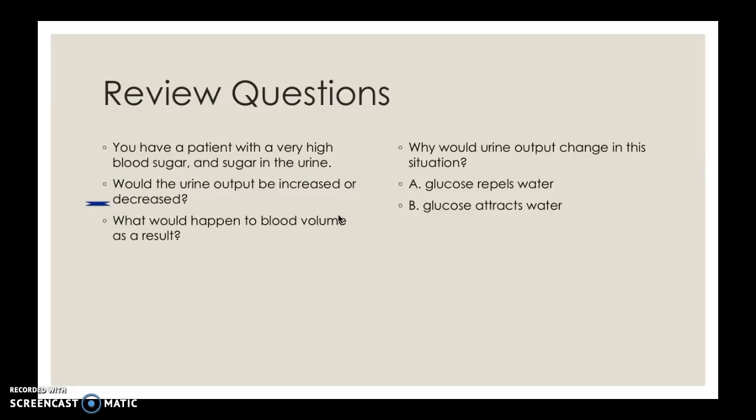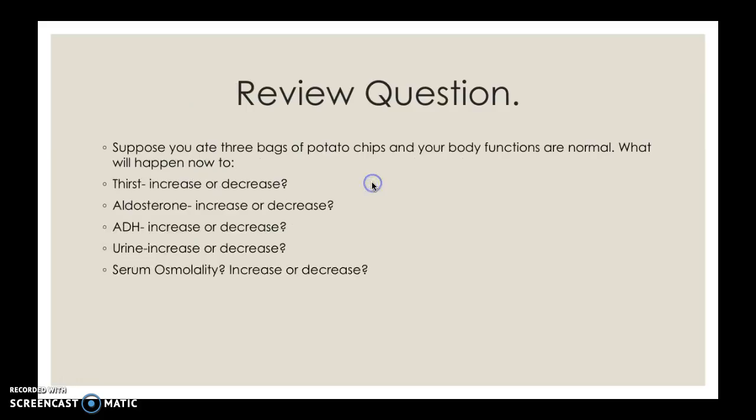Why would the urine output change? Because glucose attracts water. When you're getting rid of that glucose, it's going to pull water out too. So people can get dehydrated easily that are hyperglycemic.